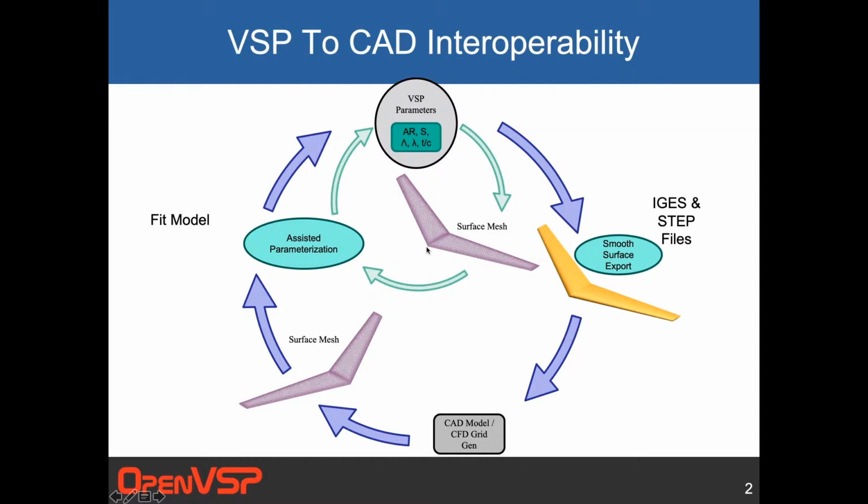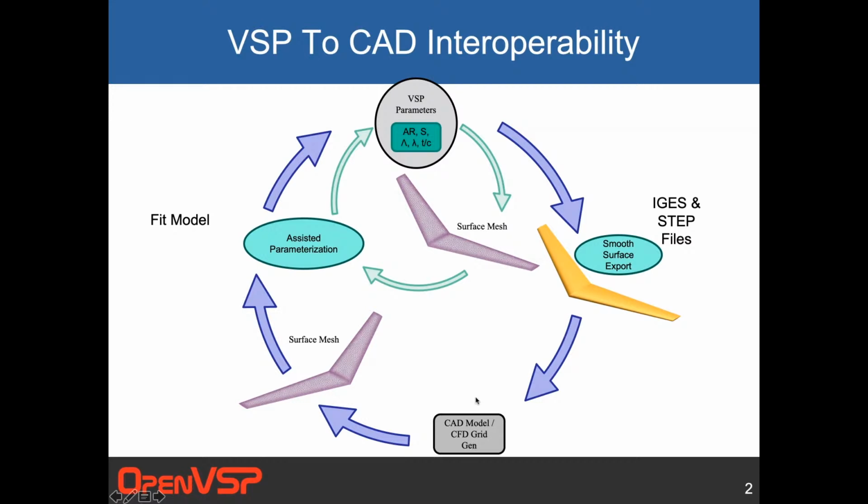And once you have the surface mesh or any sort of laser scan or point cloud or other representation, you can bring that into fit model, which is this assisted parameterization, which you can use to generate a VSP model. So again, I wouldn't suggest that you really do this on just VSP models for fun, but for example, you might have a legacy model from someone else in your company, or an old product of yours that you say you want to look at re-winging an airplane.